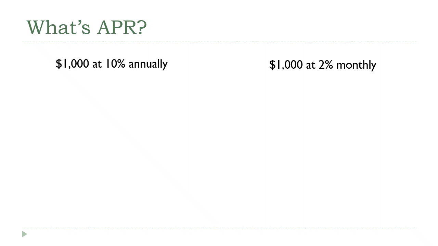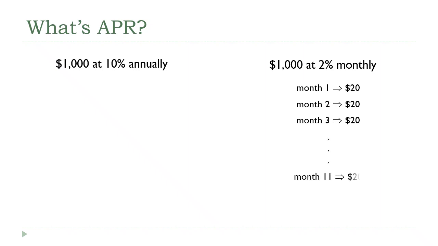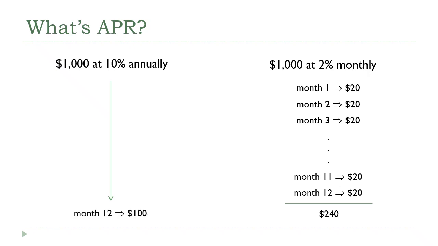In the monthly scenario, you're going to be paying $20 each month for 12 months for a total of $240. Whereas with the annual offer, you'll only owe $100 at the end of the year. Clearly a better deal, but not obviously so just from looking at the two offers.